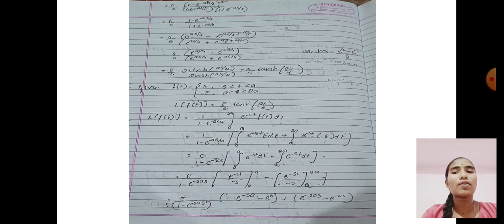Next, in the numerator we get e to the power of sa by 4 minus e to the power of minus sa by 4, divided by e to the power of sa by 4 plus e to the power of minus sa by 4. Now we get the answer as e by s of 2 sinh of sa by 4 by 2 cosh of sa by 4, which is equal to e by s of tanh of sa by 4.